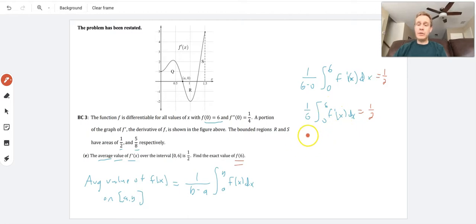When we do that, we're going to get something that will allow us to solve for f of 6. But before I do that, to make my life a little bit easier, I'm going to multiply both sides by 6 to get the definite integral from 0 to 6 of f prime of x dx equal to now 3.